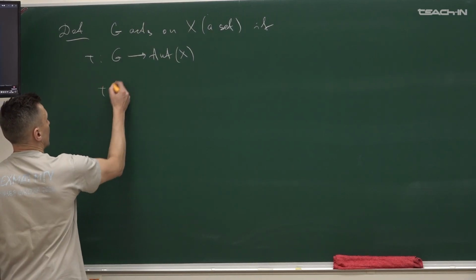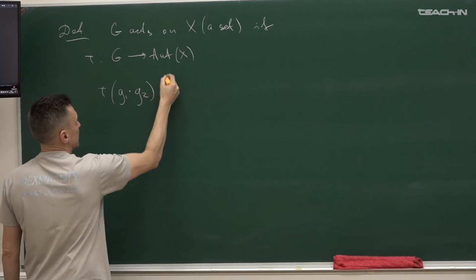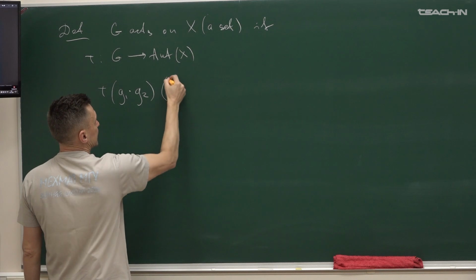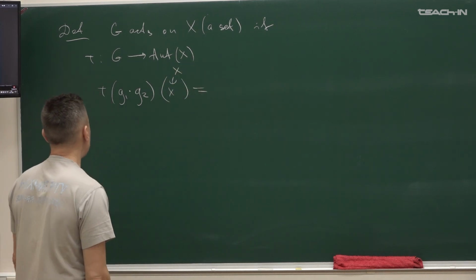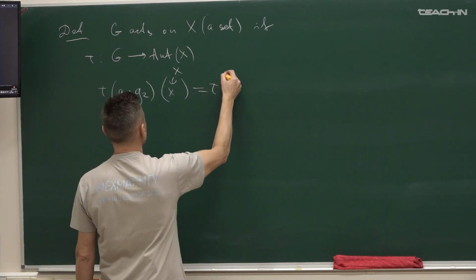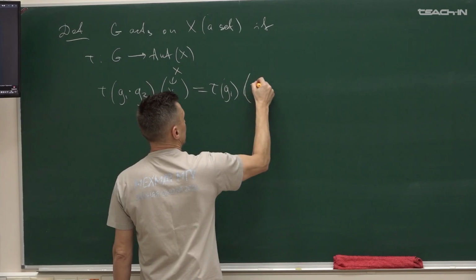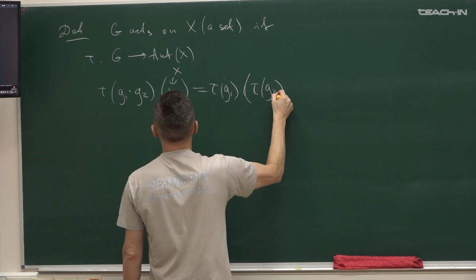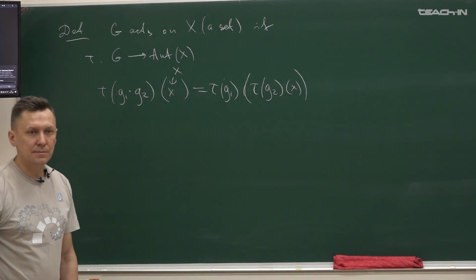So tau of g1 g2 applied to some element x in X should be tau g1 applied to tau g2 applied to x.